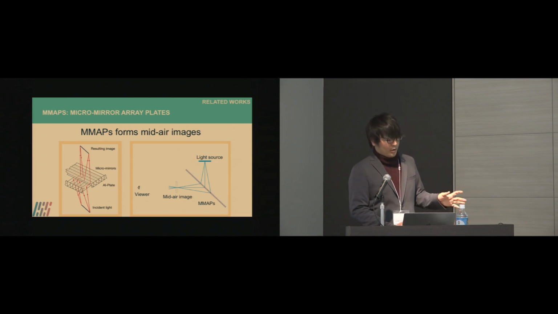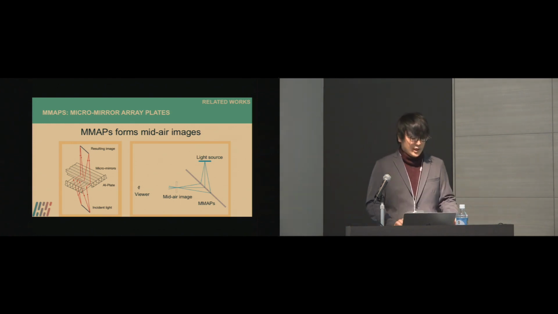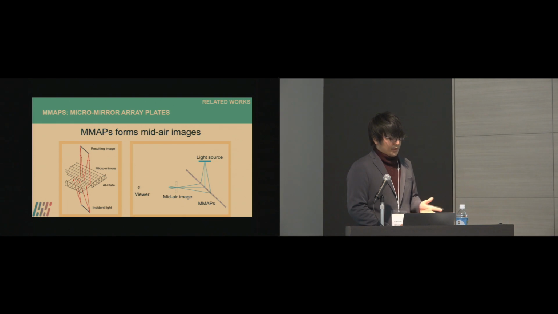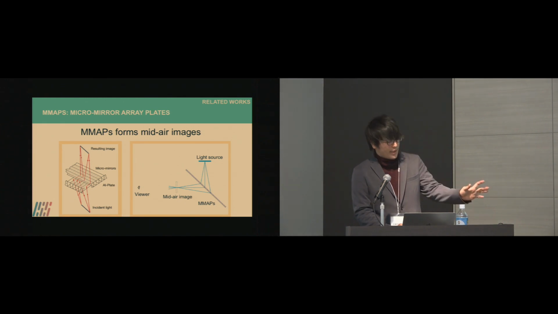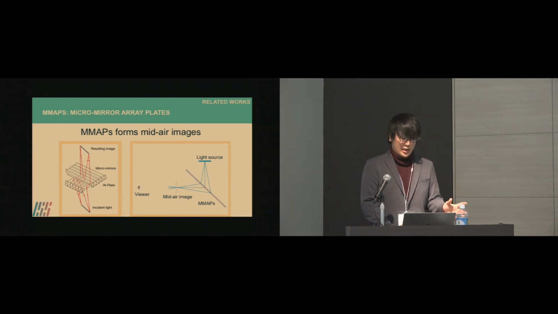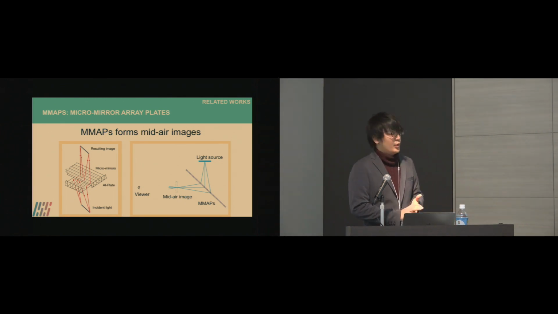MMAPS consists of two layers of micromirrors, which are orthogonal to each other. The incident light is reflected once in each layer of the MMAPS. So the MMAPS can form a mid-air image at the position that is plane symmetrical to the MMAPS.